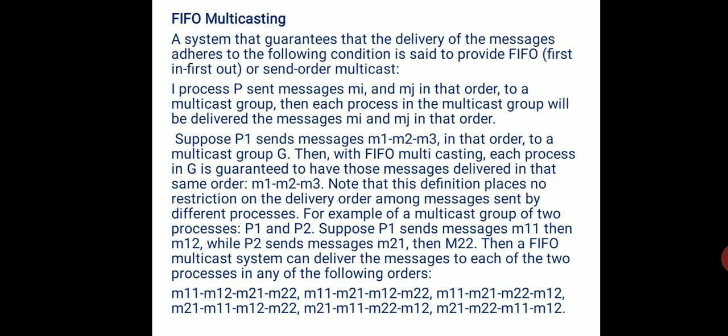So the FIFO multicast system can deliver the messages to each of the two processes in any of the following orders. We have four messages from two processes, and it will follow the FIFO order. The messages will be delivered in any of these orders: M11, M12, M21, M22 is one order.